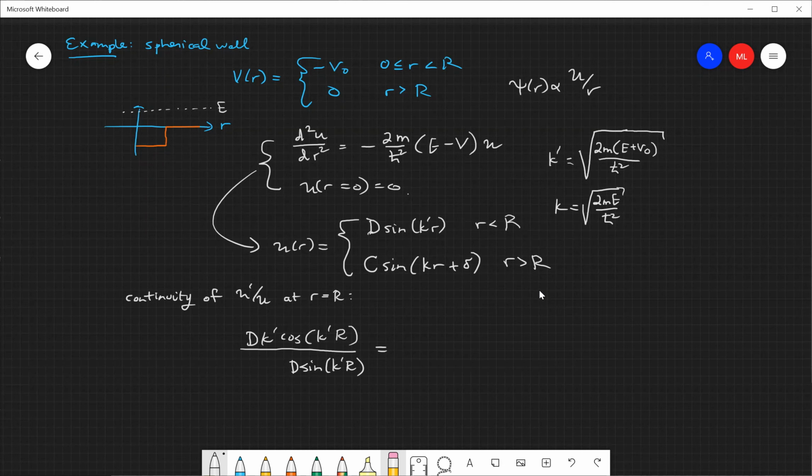On the right, we have C k cosine of kr plus delta over sine of kr plus delta. And as usual, the coefficients cancel. This is why you take the logarithmic derivative, because you don't really care about the coefficients out front.